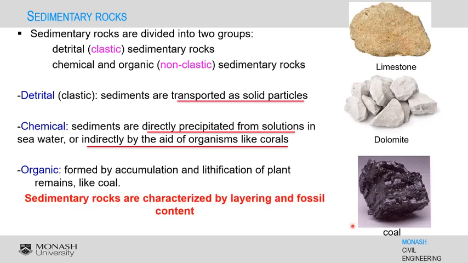The most common ways of characterizing sedimentary rocks are layering and fossil content. Layers or bedding planes and the presence of fossils are a good indication that the rock is sedimentary rock. However, we need more accurate scientific methods to identify sedimentary rocks.